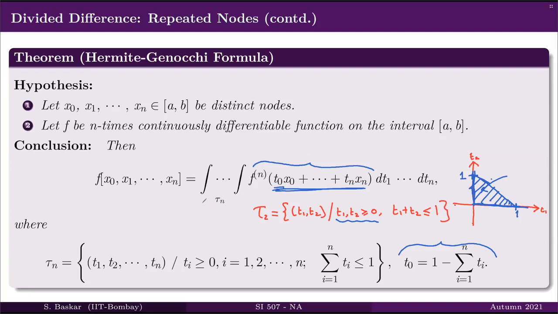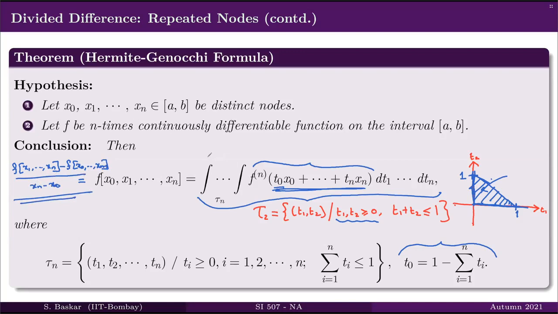And now you have to show that this complicated formula is actually equal to this. What is this? This is nothing but f[x1, ..., xn] minus f[x0, ..., xn-1] divided by xn minus x0. So this is elementary to understand, but this is a little bit difficult. This is also elementary. Now, how to show this is the question.